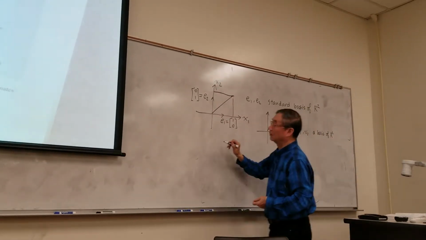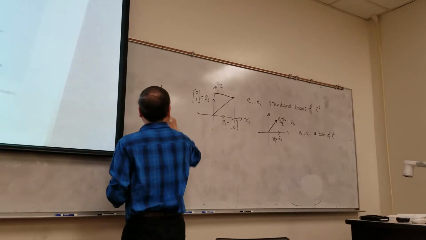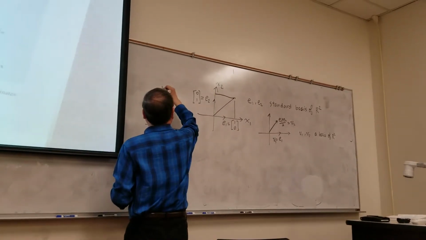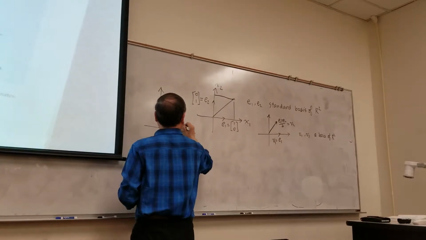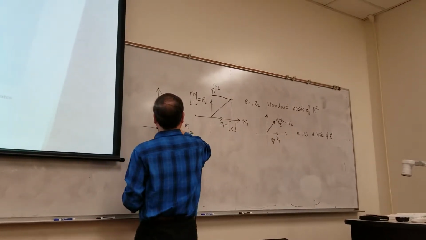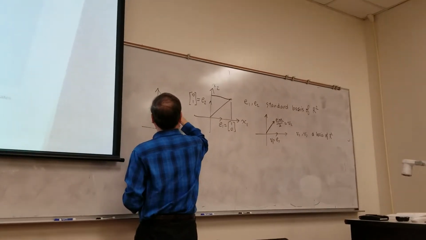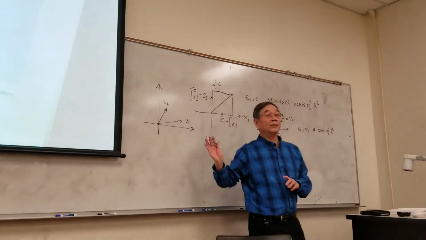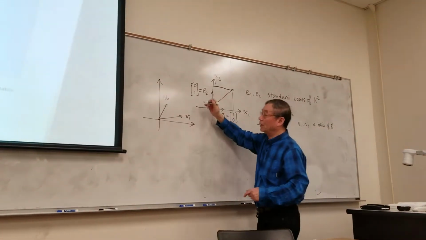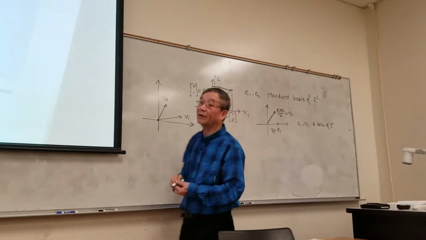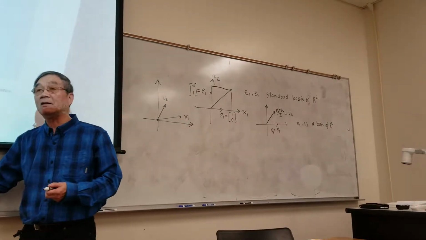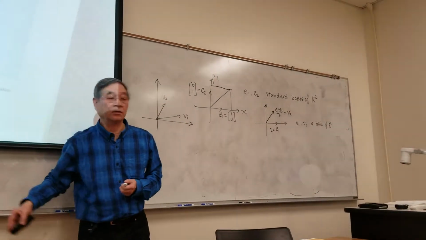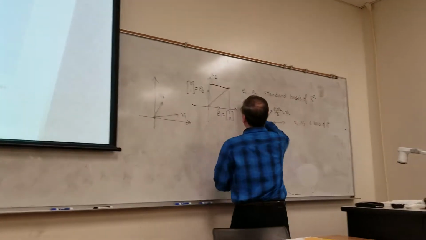So in general, we have two vectors, V1 and then V2. They form a basis. Then what is the coordinate of a vector? So of course we need a vector, right? We are talking about the coordinate of a vector.